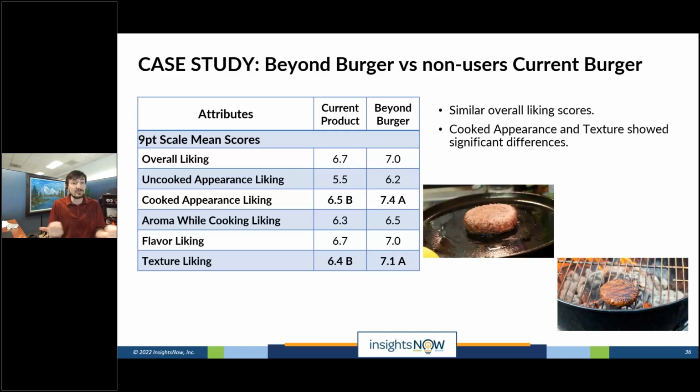In fact, there were no statistical differences between how well they liked the product that they use currently and how well they liked the new one that they hadn't tried before, Beyond Burger. Now, there's a little difference in appearance liking and texture liking between them, but overall, they get very similar scores. So it's really only when it comes to the emotions that we start seeing some really radically different patterns.